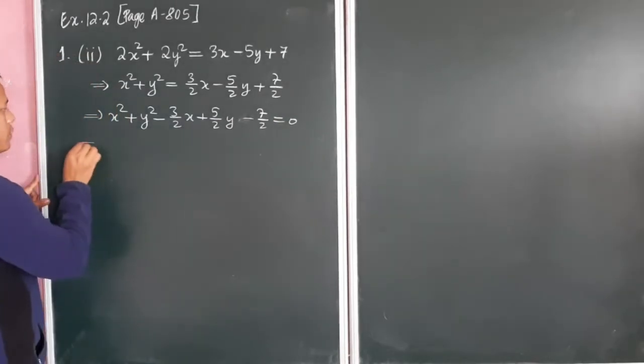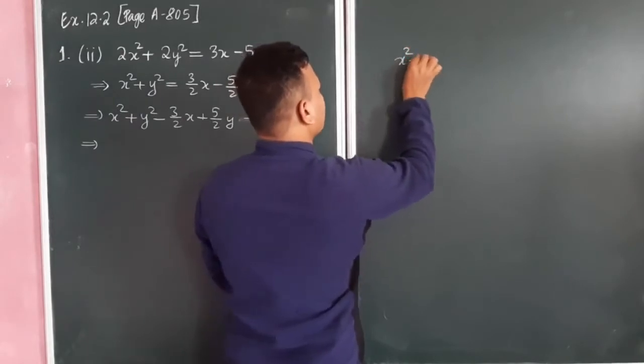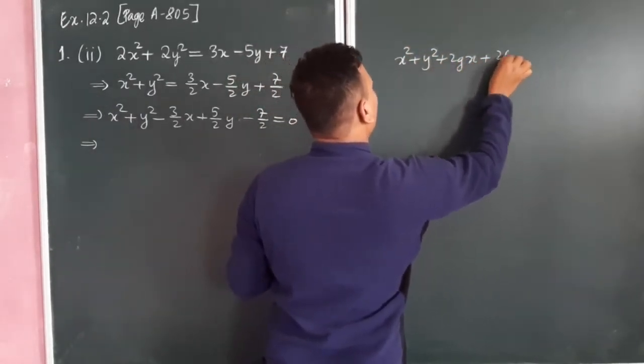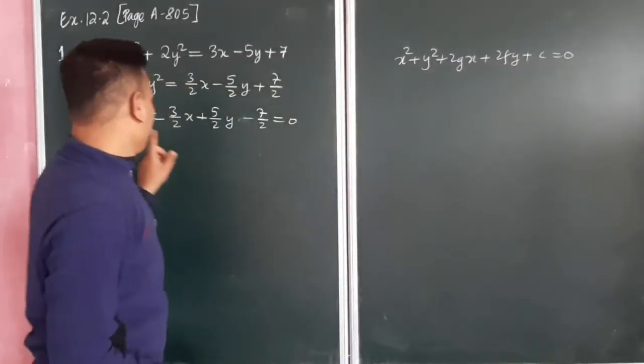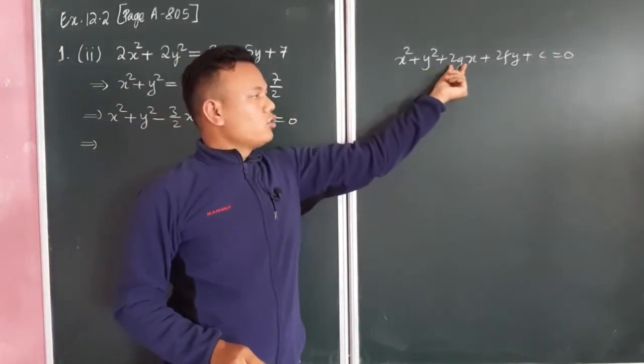Now, I'm writing this in general form, that is x square plus y square plus 2gx plus 2fy plus c equals to 0. So we have x square plus y square. First thing is matching. Now we have 2g, isn't it?